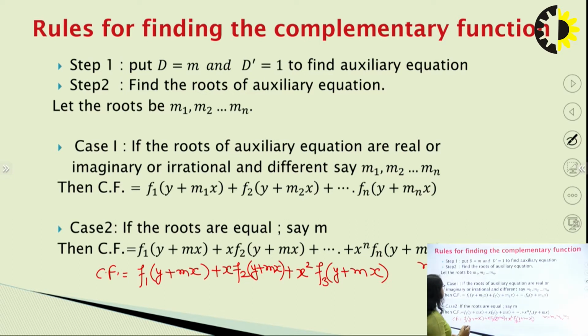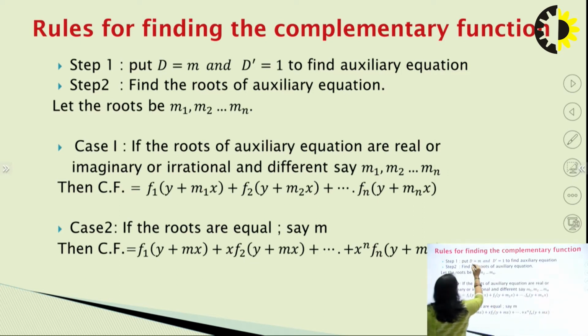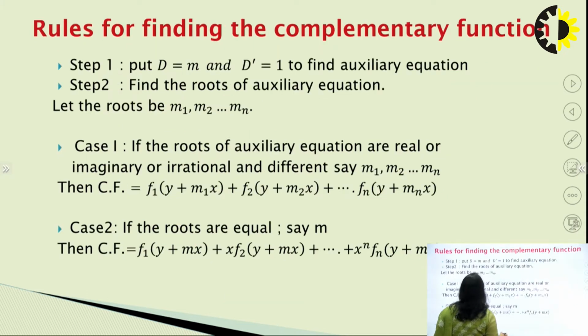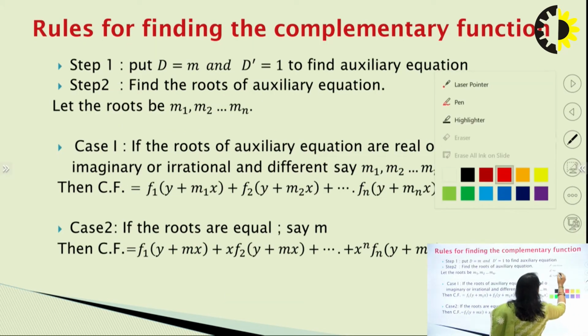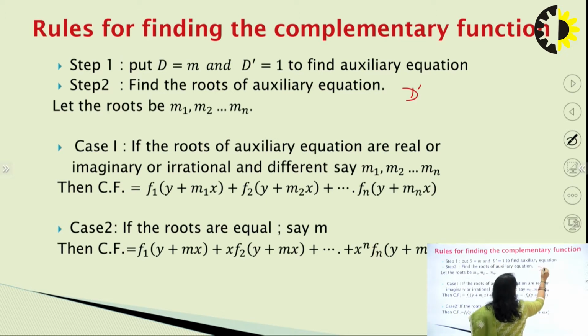So we have understood this concept, but there is something more to it. What is that? Suppose, instead of d being replaced by m, we replace d dash by m and we replace d by 1.